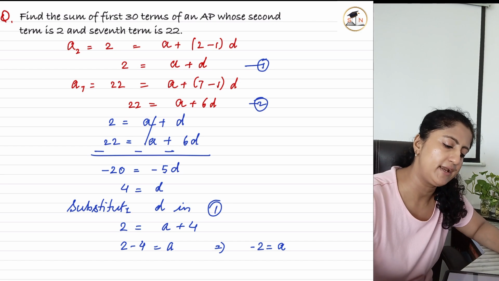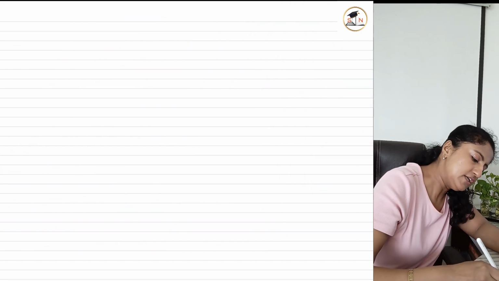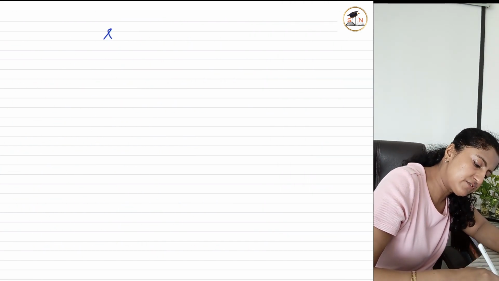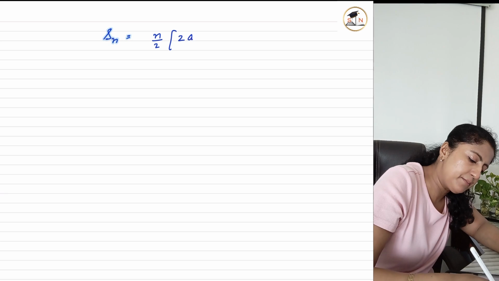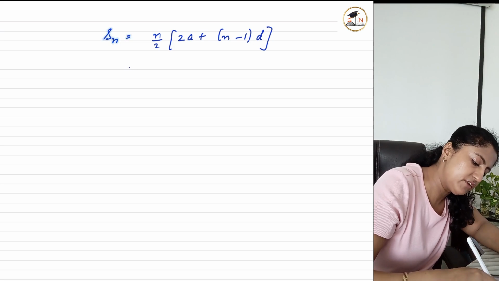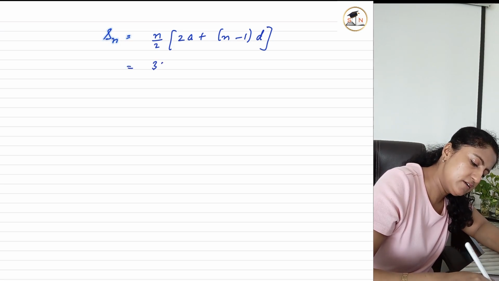Now we need to find the Sn. Okay. So what we are going to write, first we will write the formula Sn equals N by 2, 2A plus N minus 1 D. Right. We will start substituting everything. N was 30.